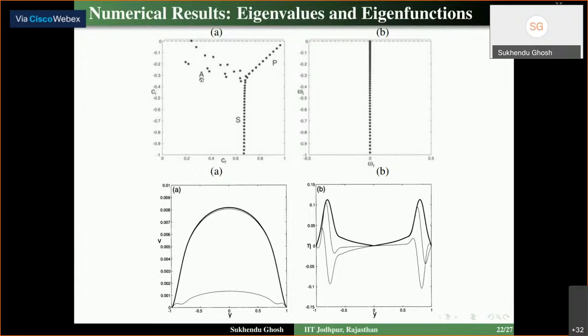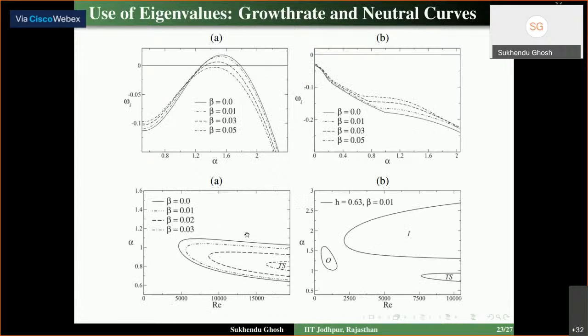Using these eigenvalues and eigenfunctions, you can study many more details for this kind of problem. Once you have the set of eigenvalues as well as the set of eigenvectors, you can gain further physical insight. I want to show a few figures here. Say you know the most positive eigenvalue.